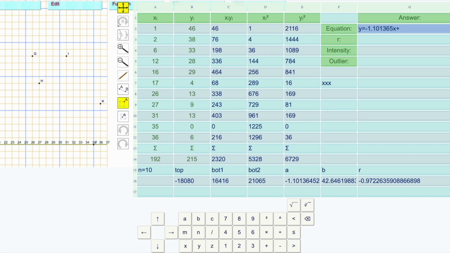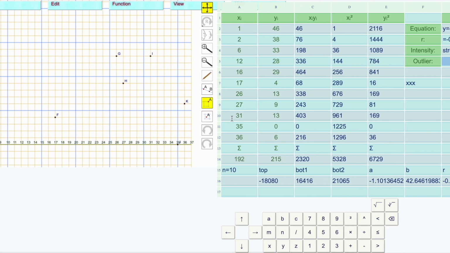X plus the b value, 42.646199. The r is negative 0.972226. I'm going to have this 5 tell the 3 to become a 4. The intensity is strong. Our outlier, we said, was F.